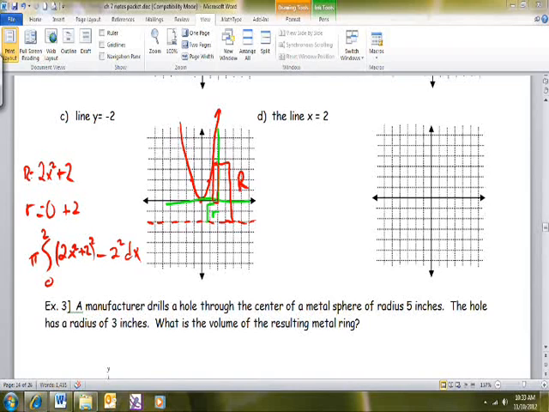Now the next one, x equals 2. What you really have to do for that is, well, let's draw it out, see what happens. This is one of those things where we're going to learn something next, which is really going to make this problem a lot easier, and you're not going to ever really want to do it this way again.